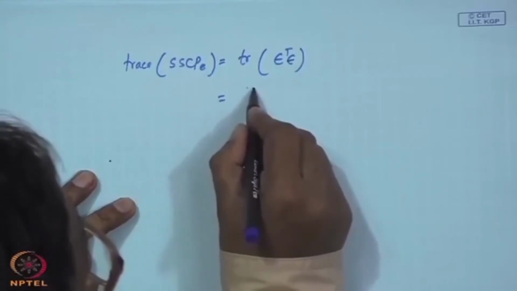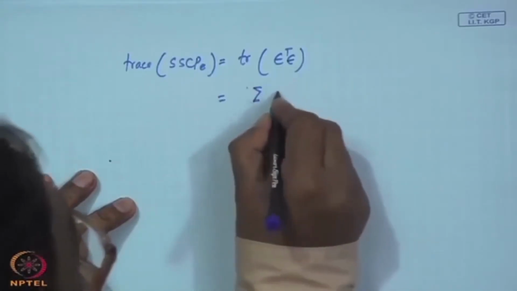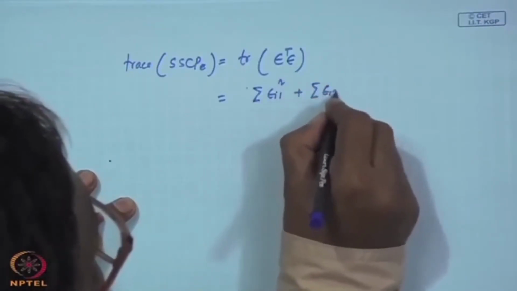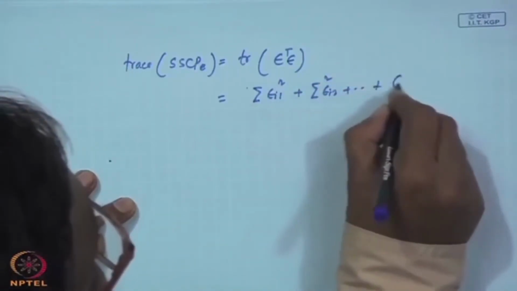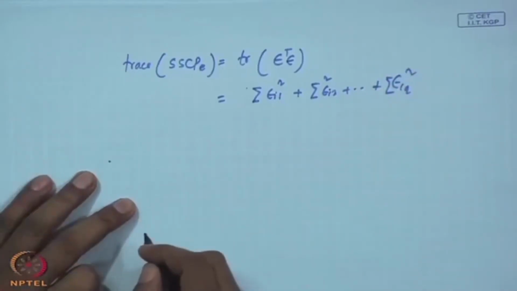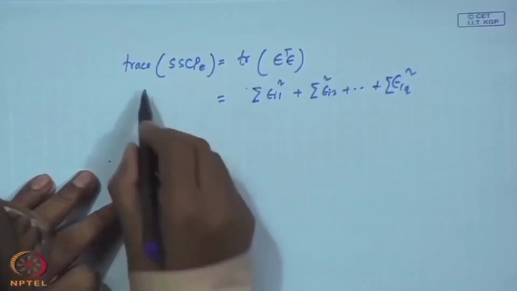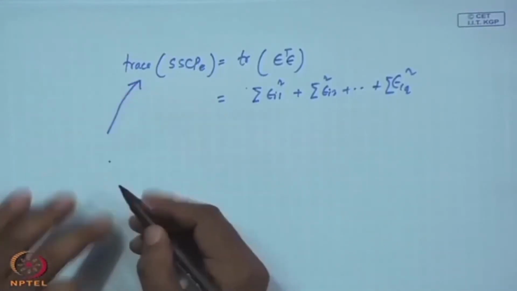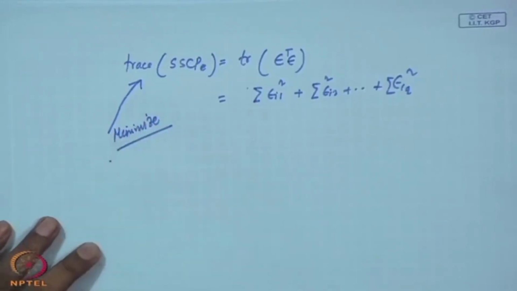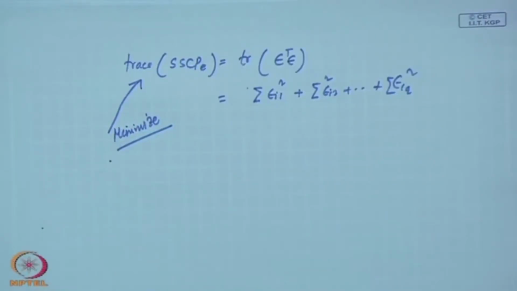So this will be the sum total of diagonal values epsilon i1 square, epsilon i2 square, like this, epsilon iq square. So we will minimize the trace. Your aim is to minimize this. Getting me? You have to minimize the trace.